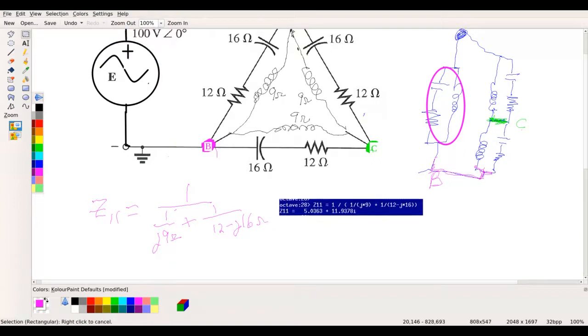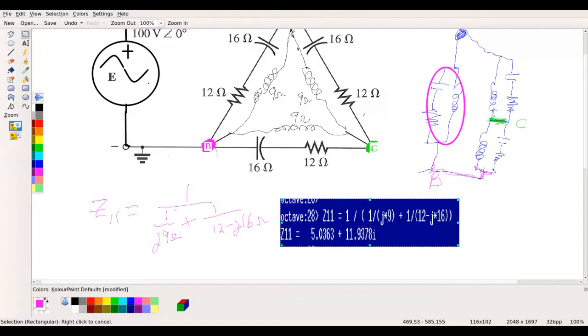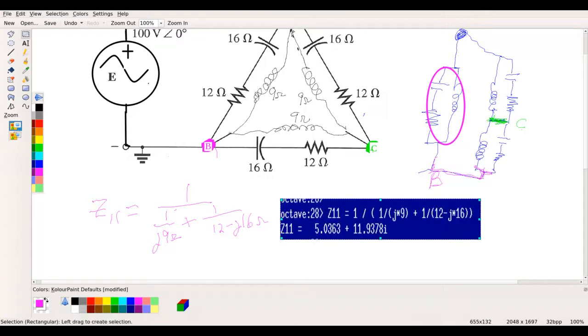So looking at that, we see here that I have the parentheses. Yeah, so I had parentheses around the j9, and I had parentheses around the 12 minus j16, which are the impedances here.